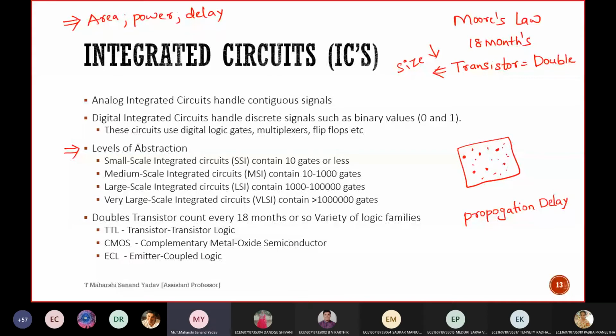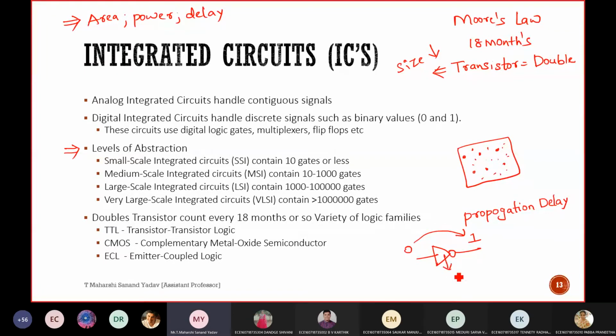First, you need to understand them, or else it will be a bit complicated for you. If you don't know, I'll give an example. How much time will it take for this input to reach the output? Simply, the time taken by the input to propagate to the output is called propagation delay.